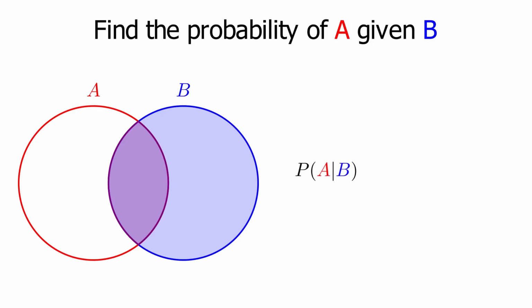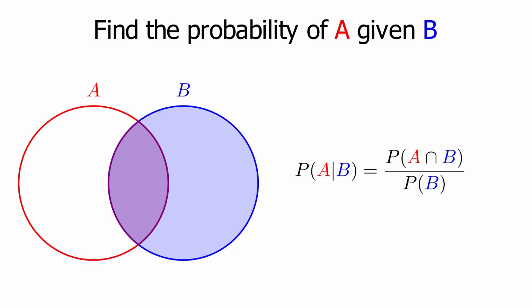So we will denote it as the probability of A given B is equal to, and then because our sample space is now narrowed down to everything in event B, in the denominator, it's actually going to be just the probability of B. And then in the numerator, it's actually going to be the probability of the intersection of A and B. So the probability of A given B is equal to the probability of A intersection B divided by the probability of B.